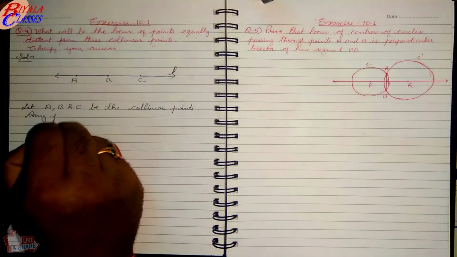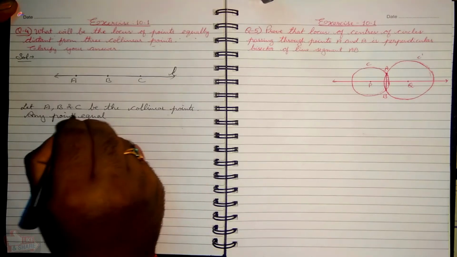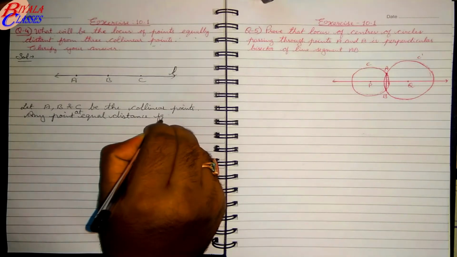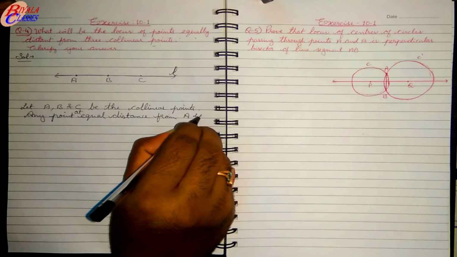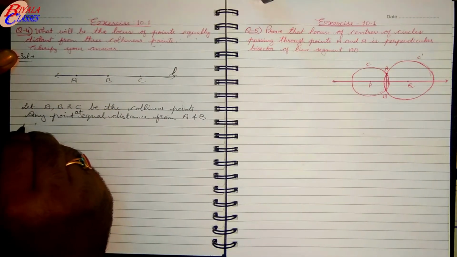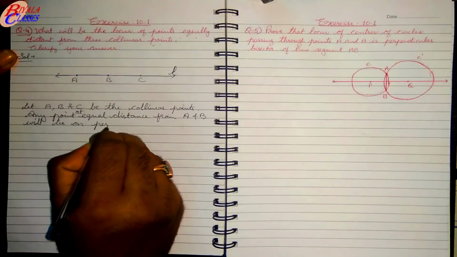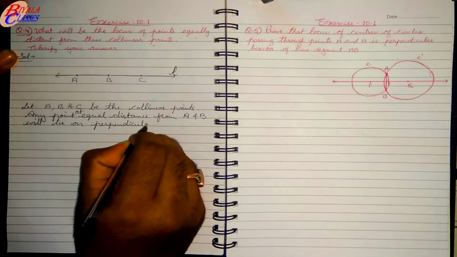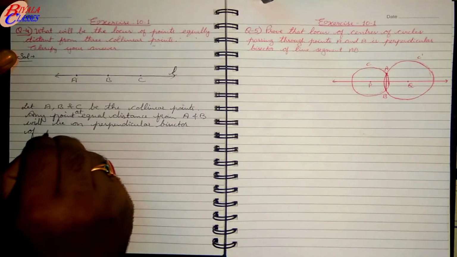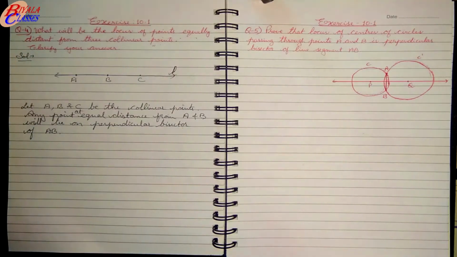Now any point at equal distance from A and B, let us take 2 points A and B, will lie on the perpendicular bisector of AB. It is again with the theorem 10.1.